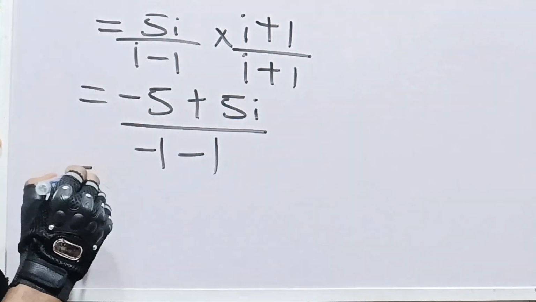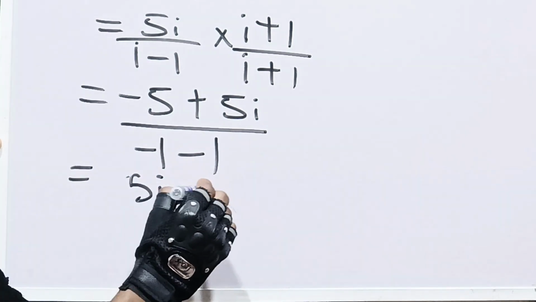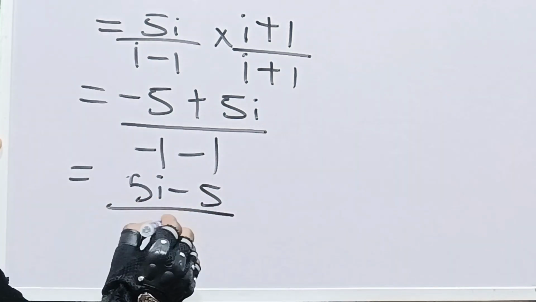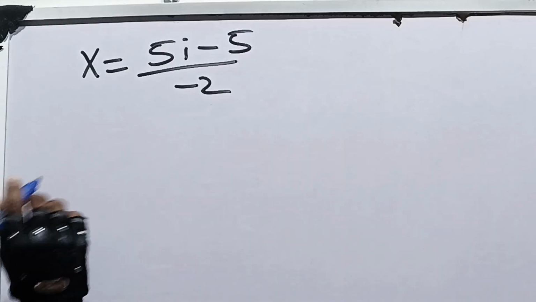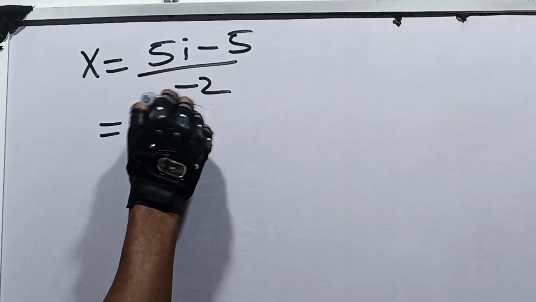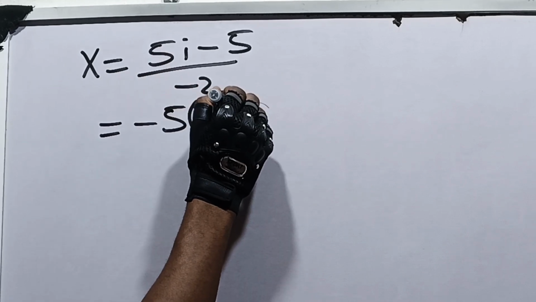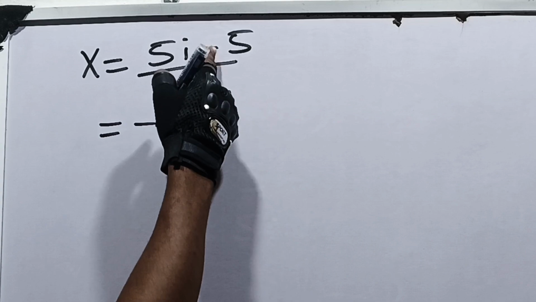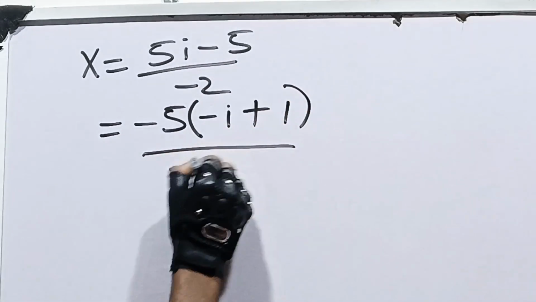And this is equal to, so you can write this as 5i minus 5 divided by minus 2. You can say let's factor out minus 5 from this numerator. You have minus 5 into, so we have what's remaining here to be what? Minus i, and what's remaining here to be what? Plus 1 divided by minus 2.